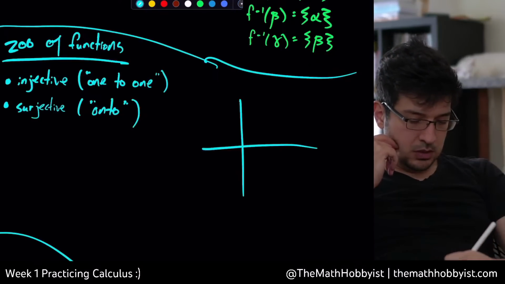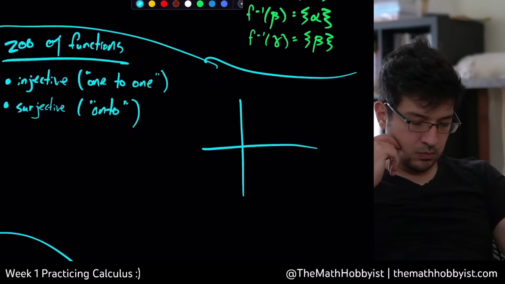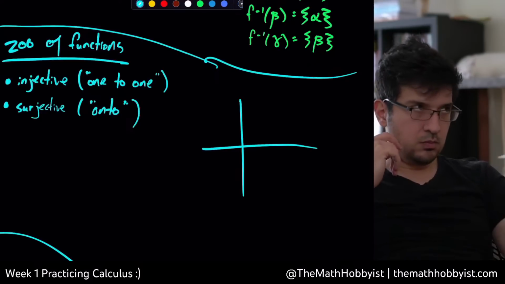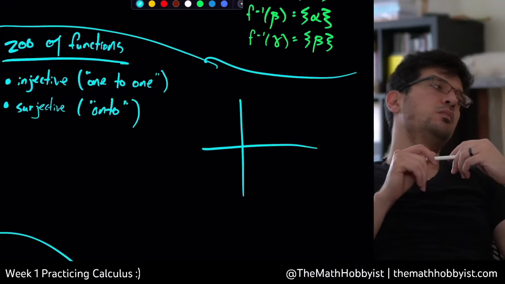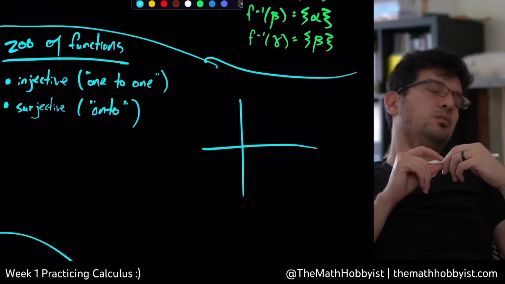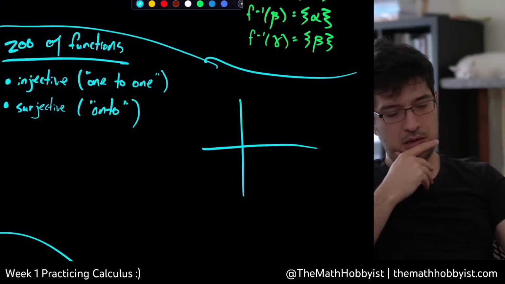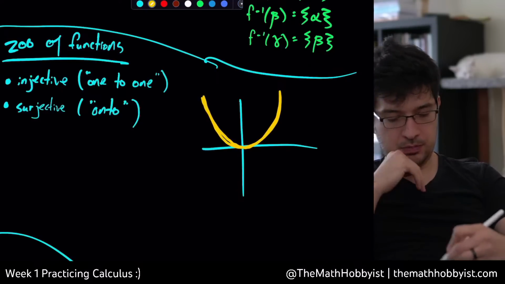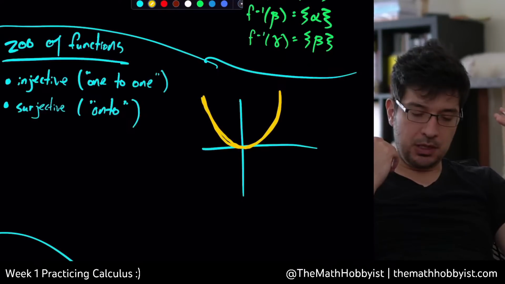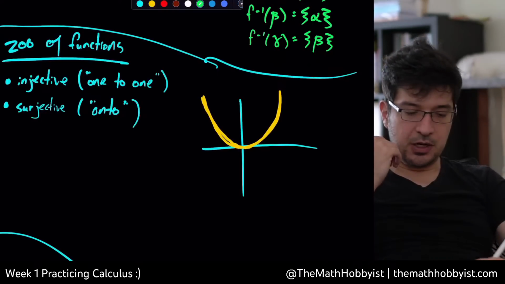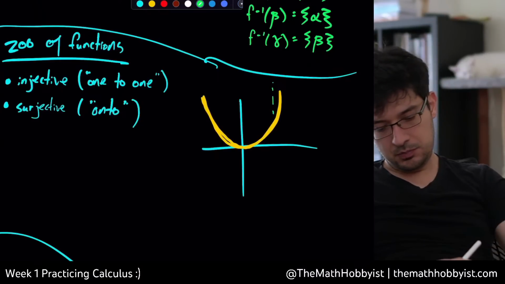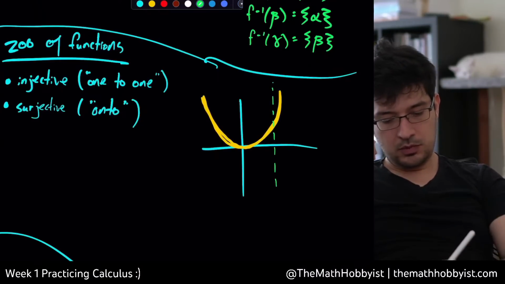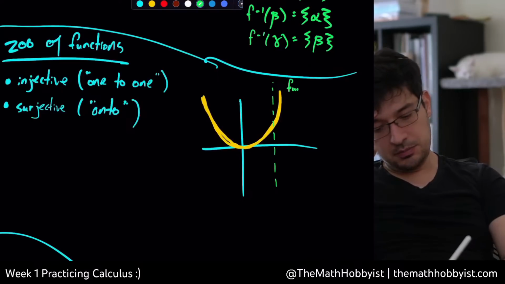Let's say the parabola. A parabola satisfies the vertical line test, so it is a function.